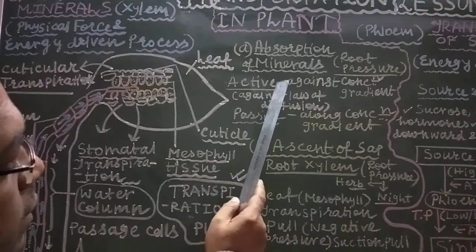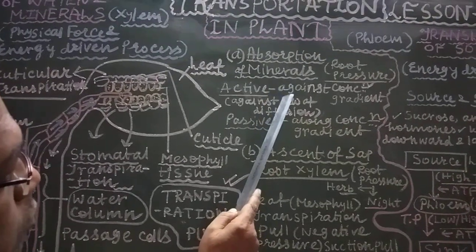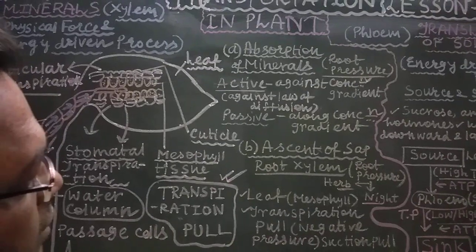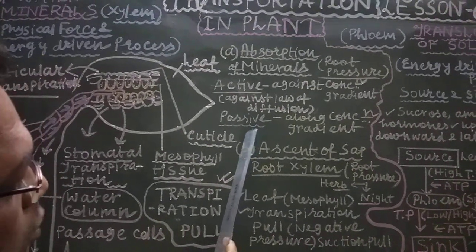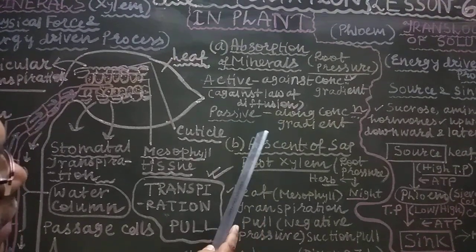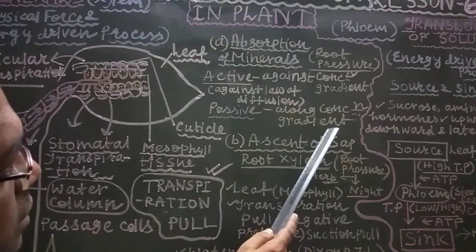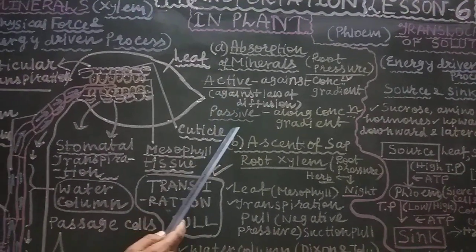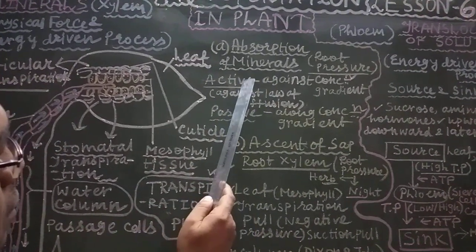Active means where energy is used, and it occurs against the concentration gradient. Passive occurs when minerals are absorbed along the concentration gradient. In this way, with the help of root pressure, absorption of minerals occurs in the root.